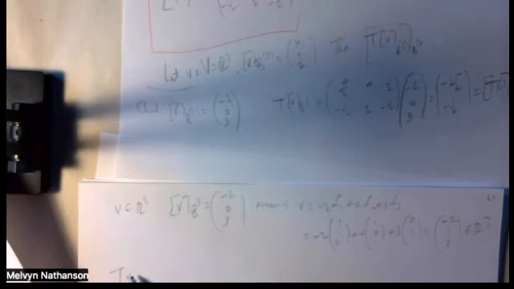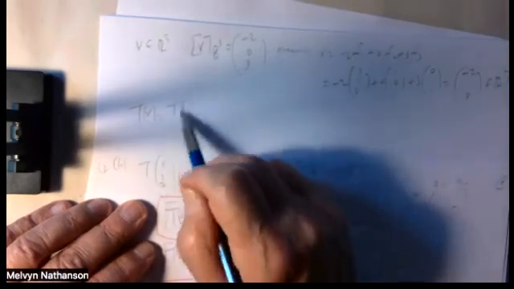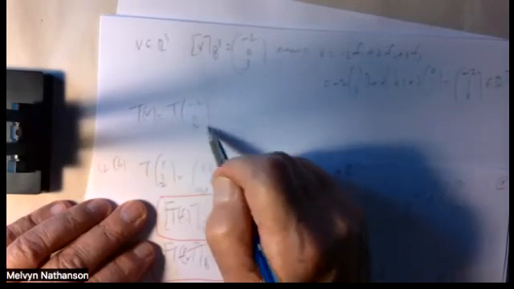So T of v, just going back to the original definition of my linear transformation, this is my linear transformation. This is T of -2, 0, 3.